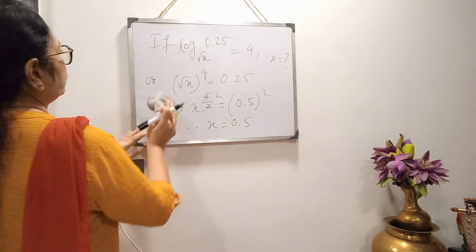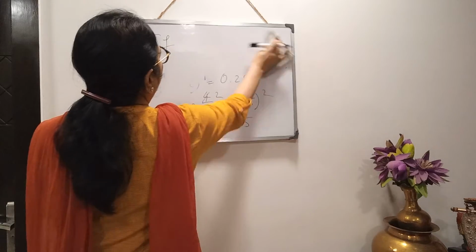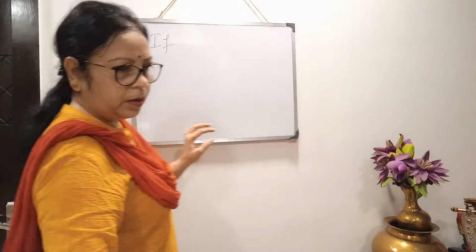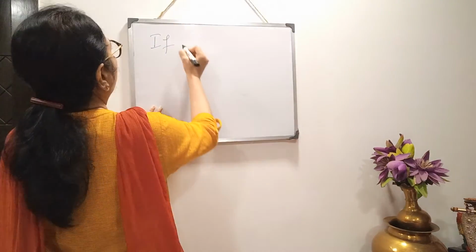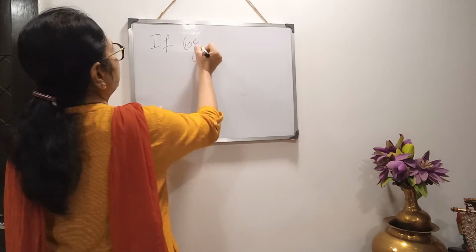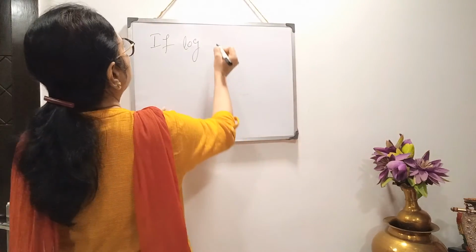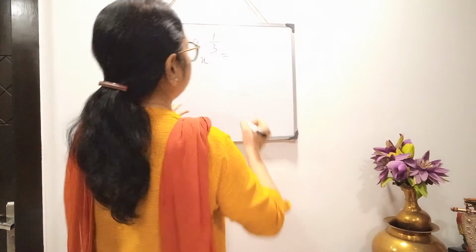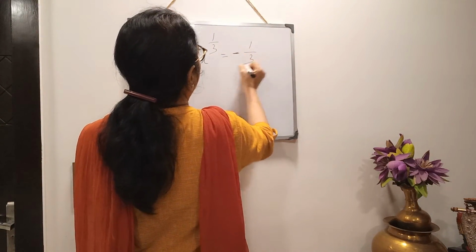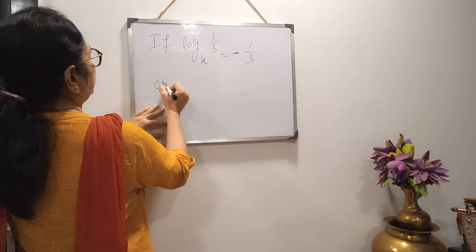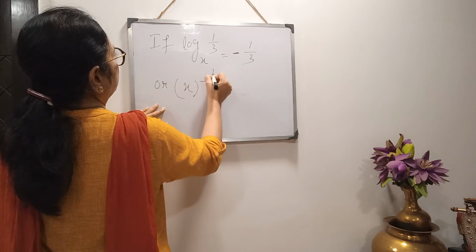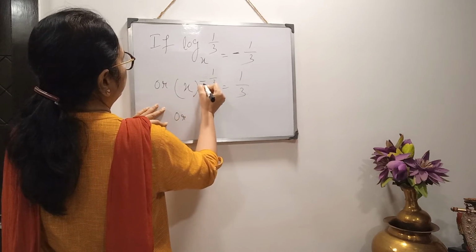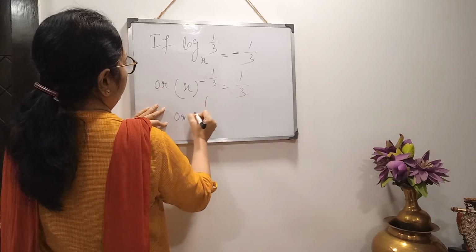If it is in this form, if log 1 by 3 to the base x equals to minus, there is minus 1 by 3, then solve for x. Again x to the power minus 1 by 3 equals to 1 by 3, or this is negative, so I can write in this form.